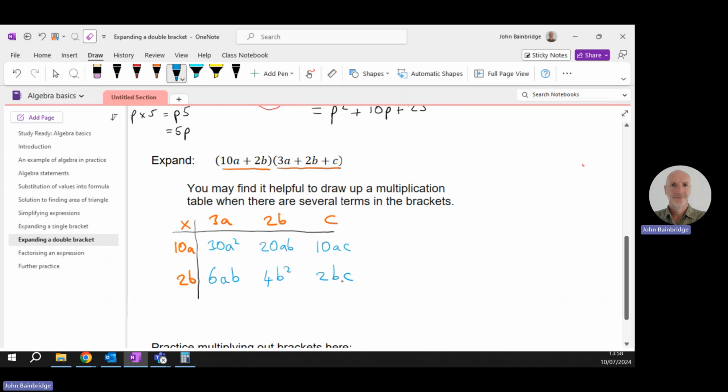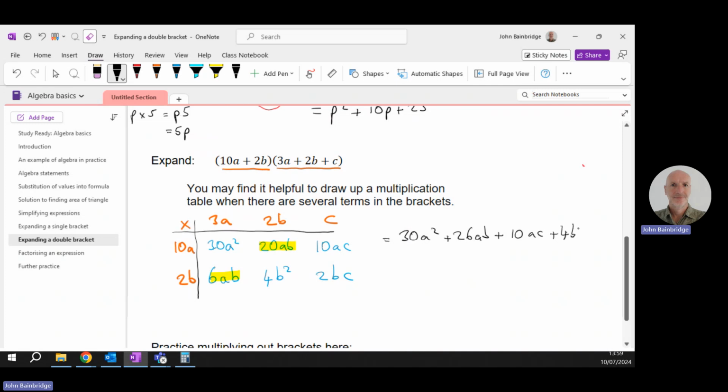Then I add them all up. Before I add them up, I can see that this term and this term are like terms, so I can combine those. Just to save time, I'll do it before I write them all out. So I've got 30a squared, then if I add the 2 like terms, that's 20 plus 6, that's 26ab, plus 10ac, plus 4b squared, plus 2bc.